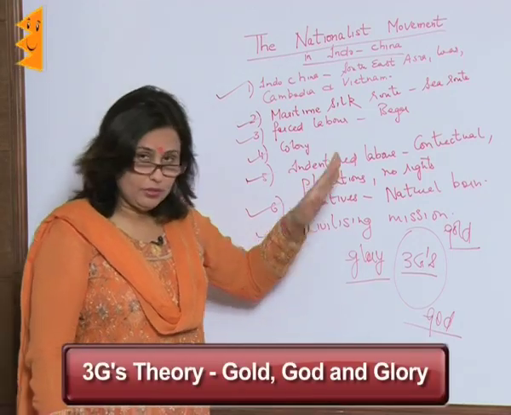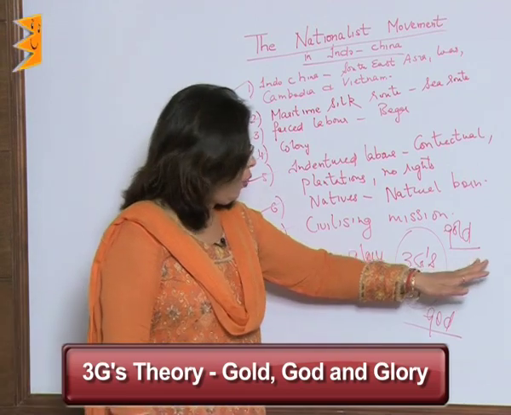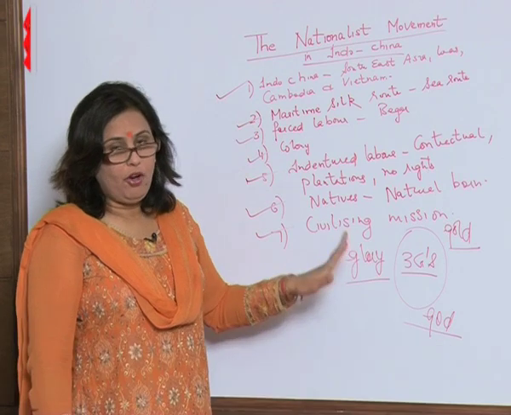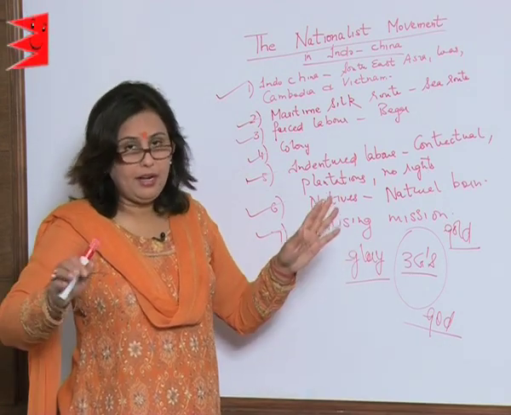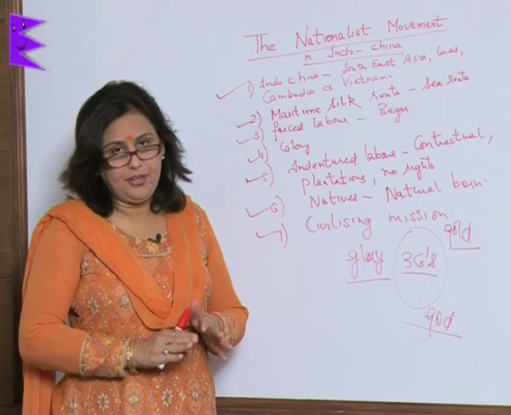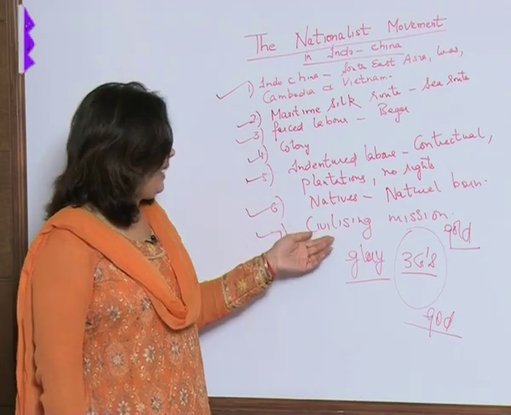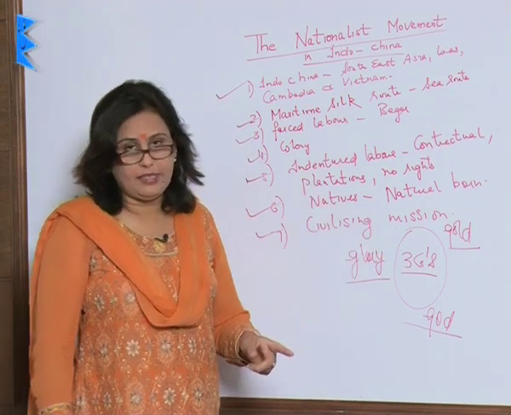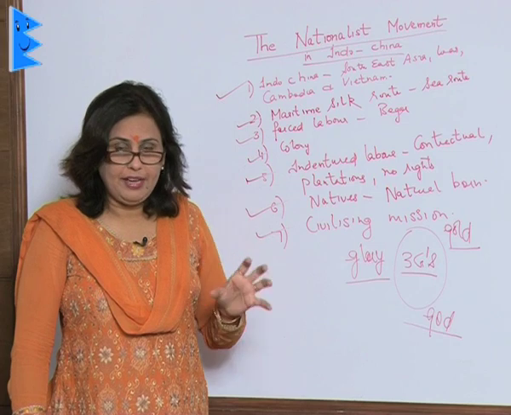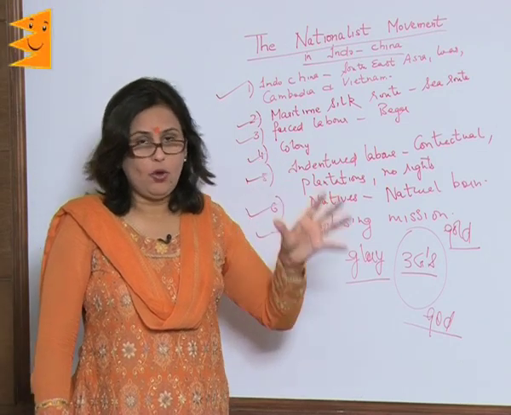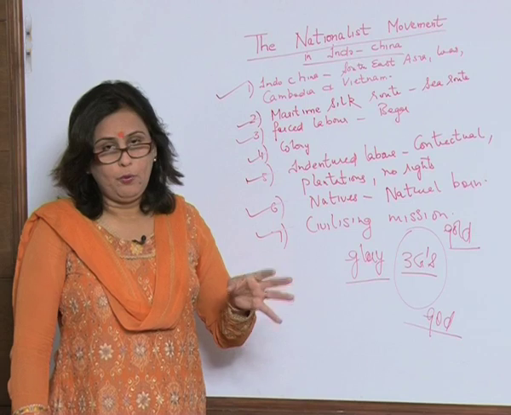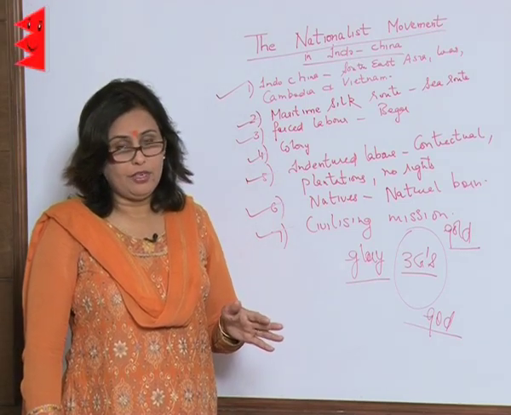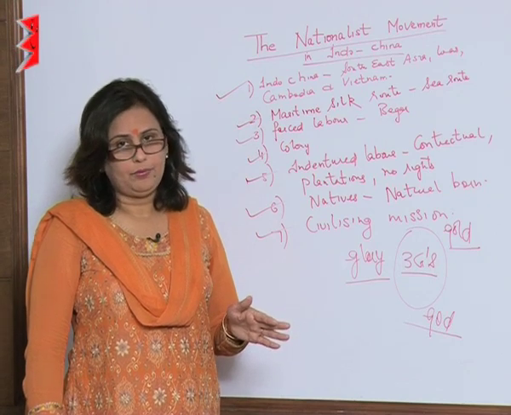Remember, the theory of 3 G's, that is gold, God and glory, was actually responsible for making colonies. But the way they presented it to the world was by saying that it's a civilizing mission. They were on a noble task of civilizing the countries of Asia and Africa which were uncivilized. And I continue with the new terms in the next clipping.